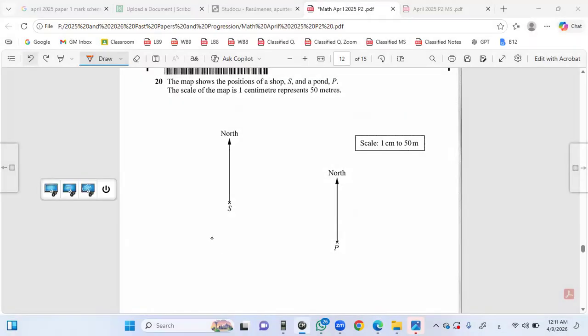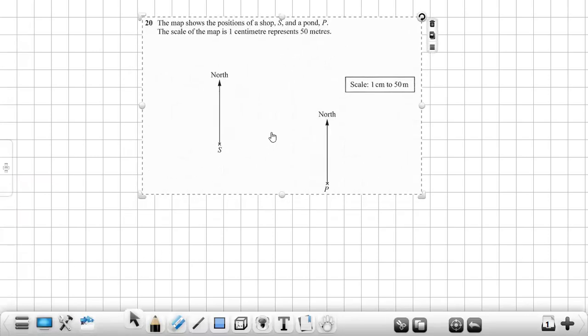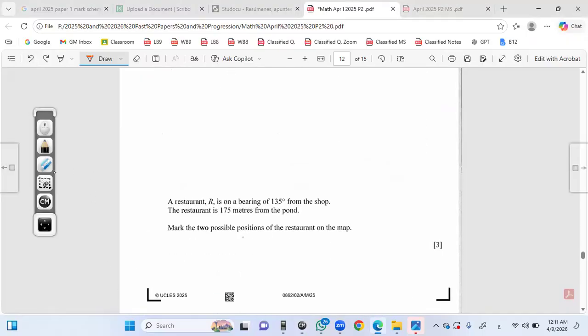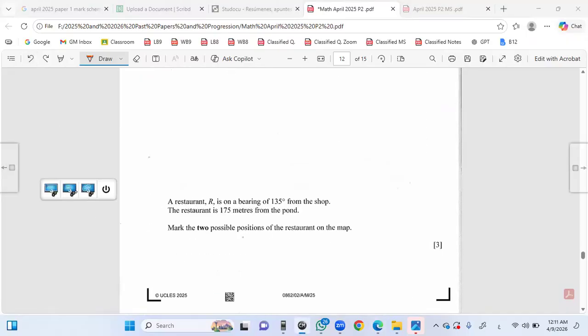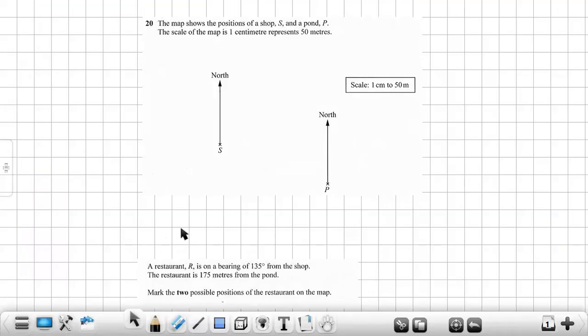Here you go. And here's the rest of the question. A restaurant R is on the bearing of 135 from the shop.